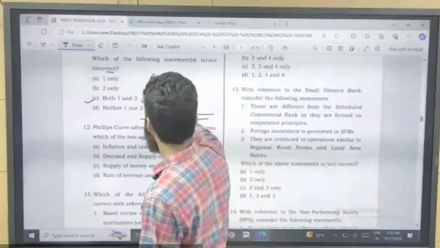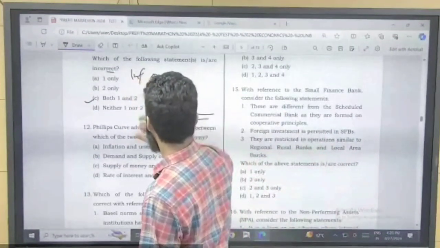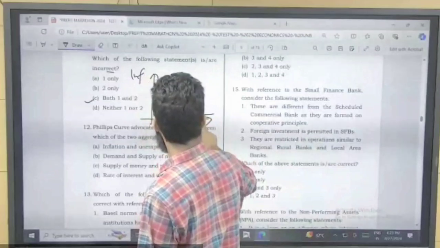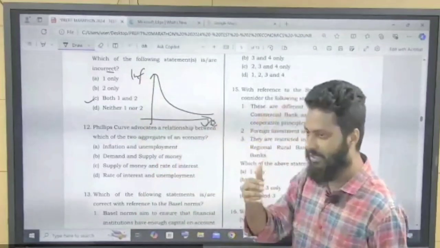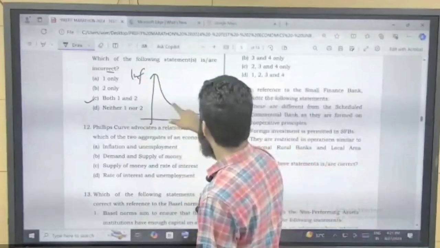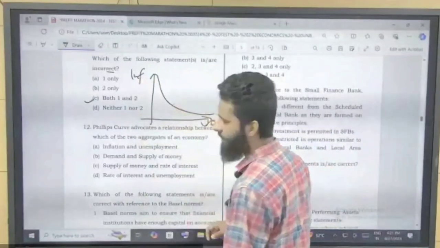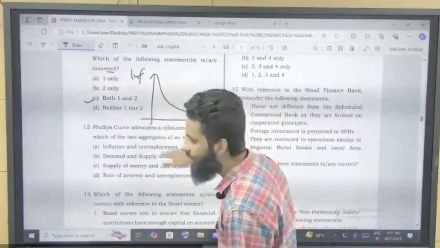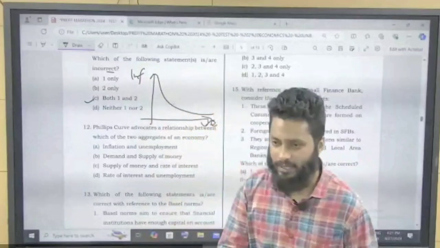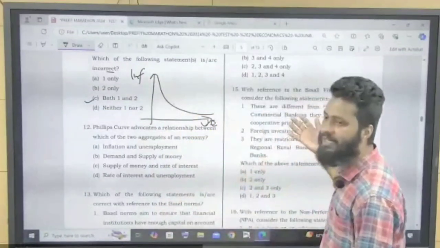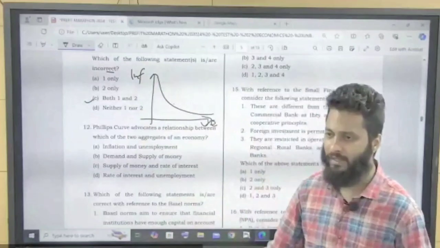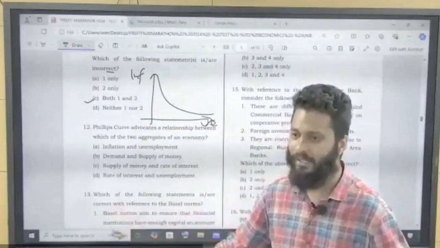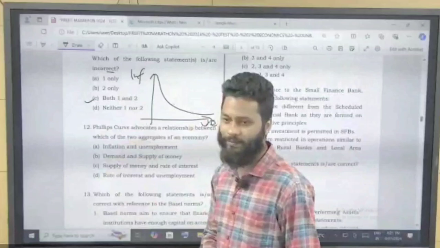Here it is rate of inflation and here it is rate of unemployment. What Phillips curve suggests is, when unemployment increases, inflation decreases.